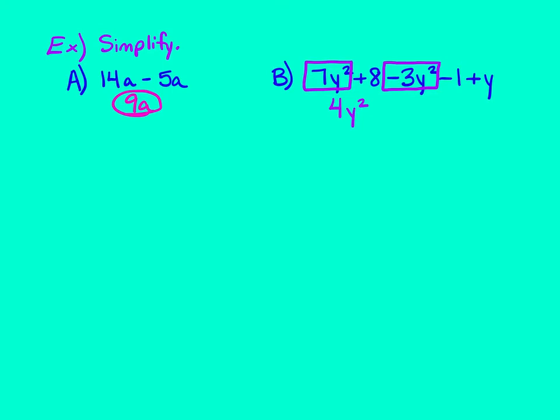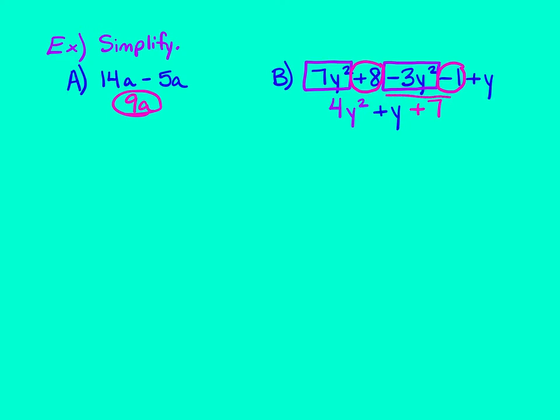I also notice that I have a positive y that's just by itself, so I'm just going to bring it down. And then I notice that there are two constants. Positive 8, I'm going to circle it, and negative 1, I'll circle that. So I have 8 minus 1, which is positive 7.